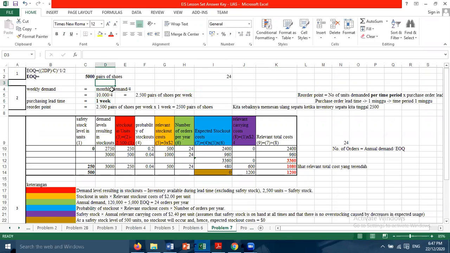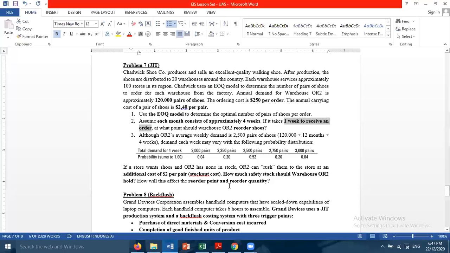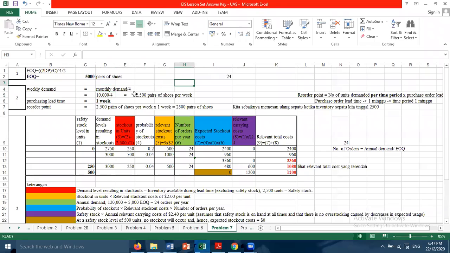In this case, we have a monthly demand of 10,000 divided by 4. How do we get 10,000? Simply 120,000 divided by 12, since there are 12 months in a year. So 10,000 divided by 4 is 2,500. And so we have 2,500 and 1 week. Then all we need to do is follow the formula. So 2,500 multiplied by 1 is 2,500. So the answer is 2,500.